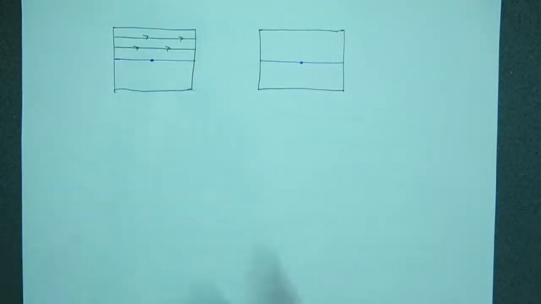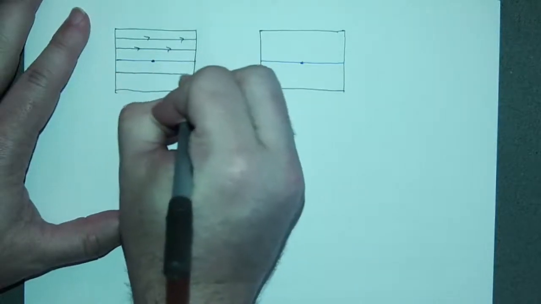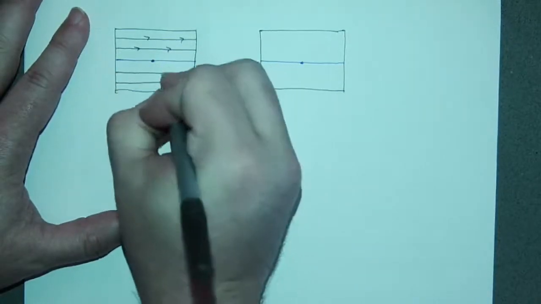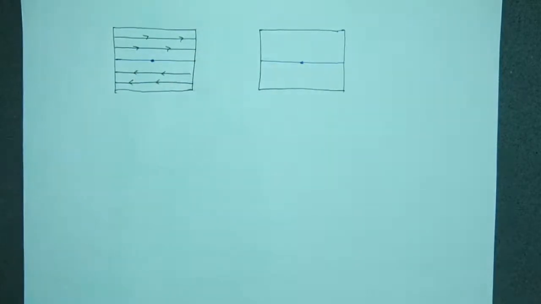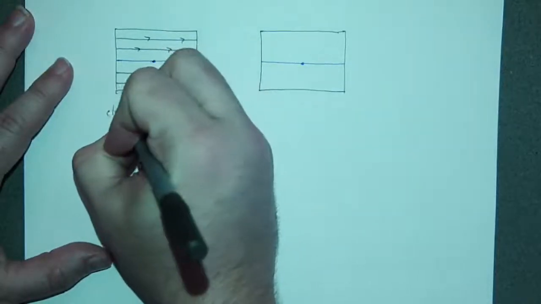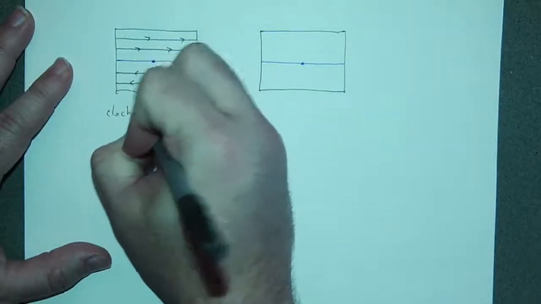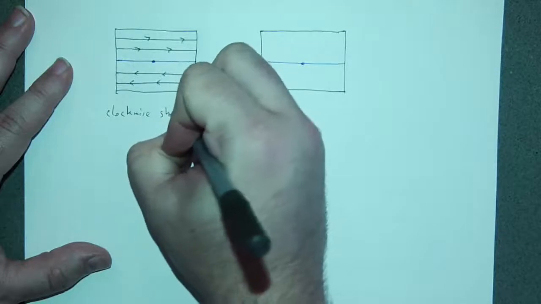in the upper plane is to the right, and in the lower plane my trajectories are also pieces of lines, but my motion indicated is to the left. So this is a clockwise shear.